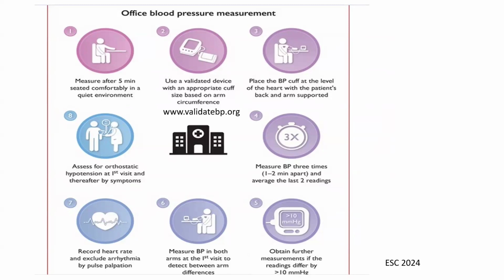So the most important evaluation of hypertension is to diagnose it accurately. When we do office blood pressure measurements, we should be very careful in following all the steps. Patients should sit straight with their back supported, with their legs not crossed, and the arm should rest on a bench where the blood pressure cuff is at the level of the heart, at about the angle of Louis.